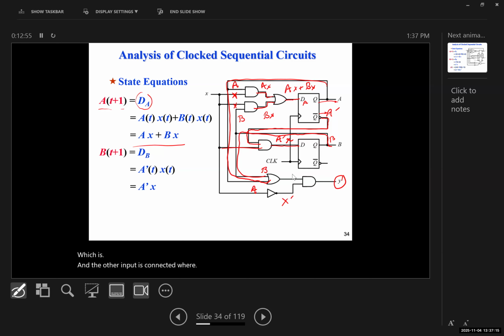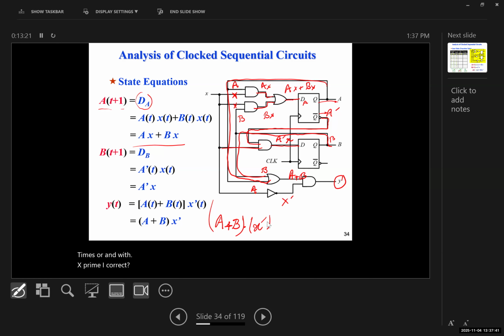B. So it's going to be A plus B. So the output of the AND gate would be what? Sorry, it's the OR gate. So A OR B, times, or AND with, X prime. Am I correct? So Y would be A plus B, ANDed with X prime.